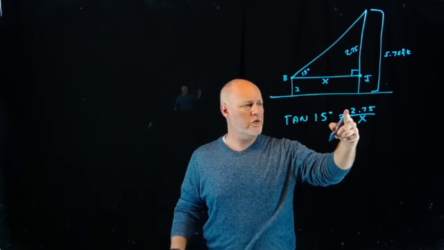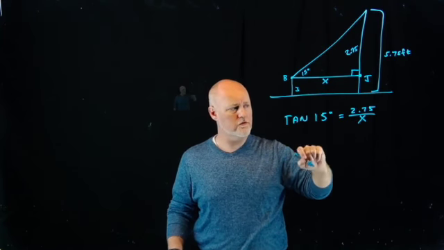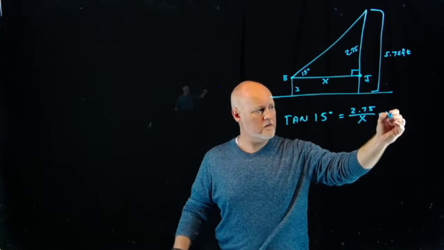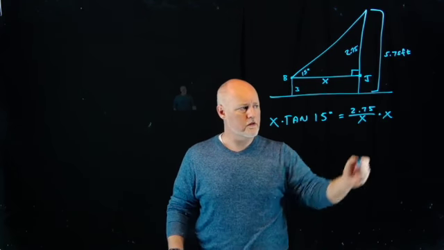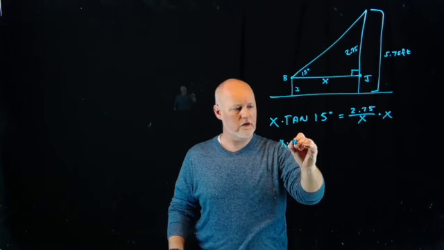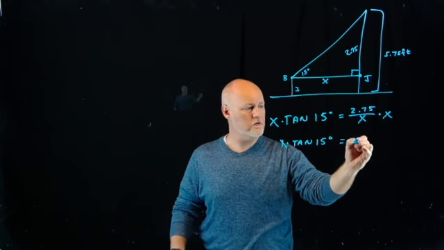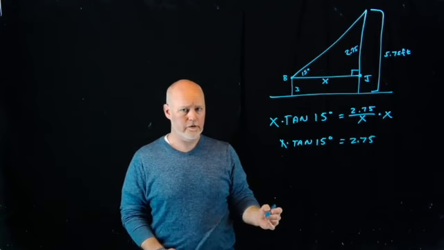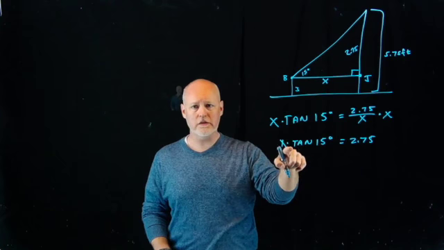So we have 2.75 divided by x. Yes, it's a fraction, but we're going to think of this in terms of division. So I'm going to multiply this side by x, and this side by x. That gets rid of those x's for us, and we have x times tangent of 15 degrees equals 2.75. To continue to isolate x, we need to undo what is being done to x.